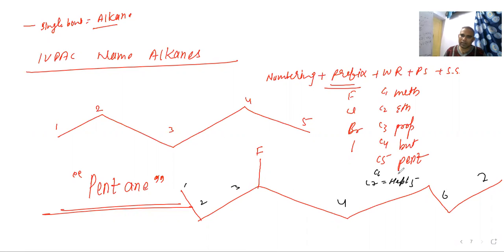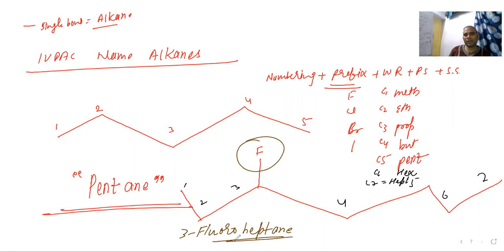With a single bond, it is heptane. But here fluorine is also there, that is the prefix fluoro. So it is 3-fluoroheptane. Are you understanding? Is it okay? Yes, sir. Okay, now let us move on.